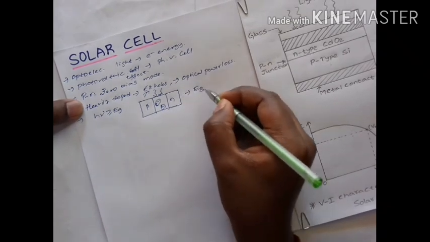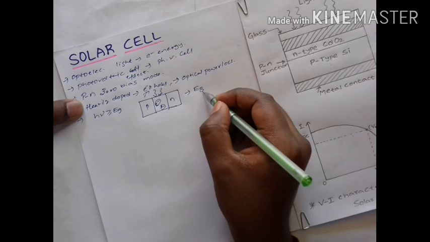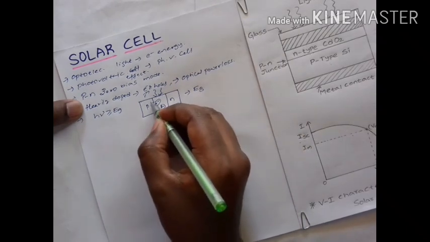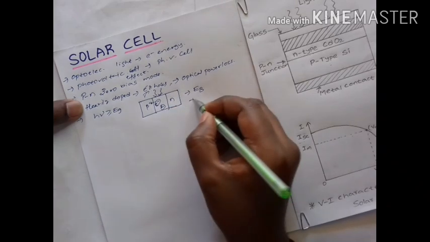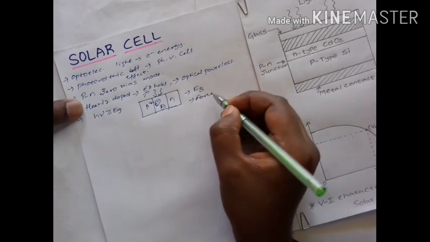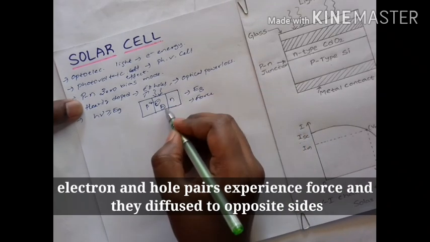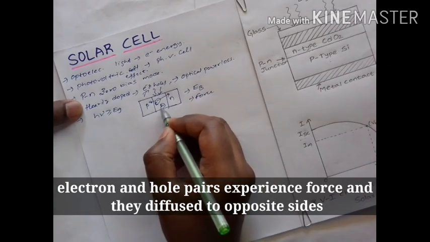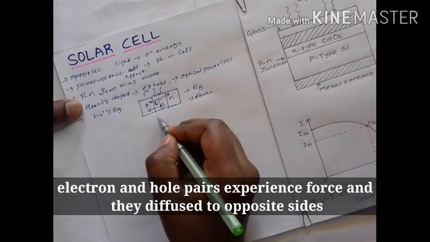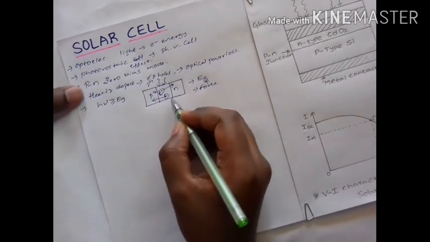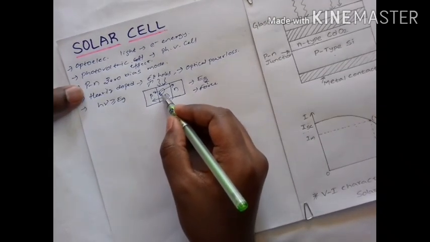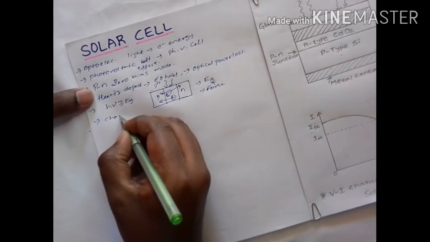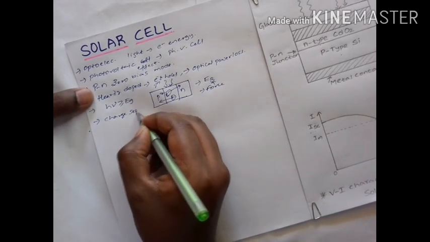Due to the electric field, or barrier electric field, acting in the depletion region, these charge carriers will experience a force, and due to this force the electrons are diffused towards n-type and the holes are diffused towards p-type. So charge separation happens.